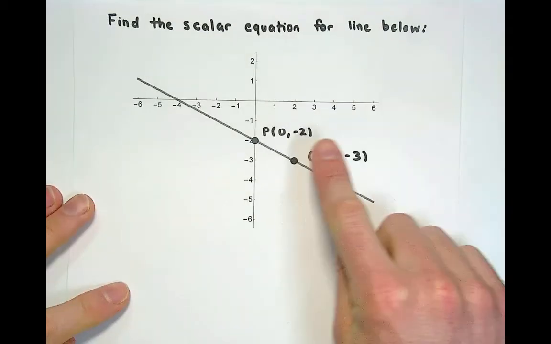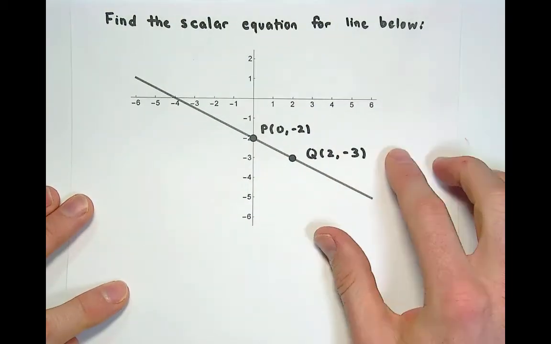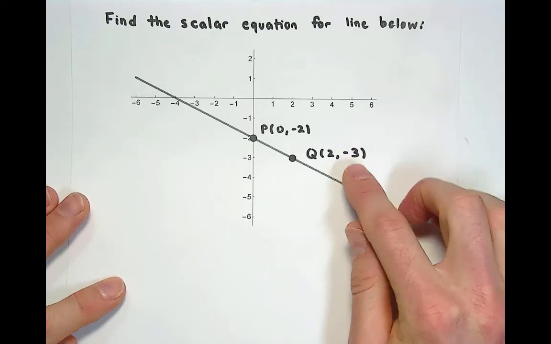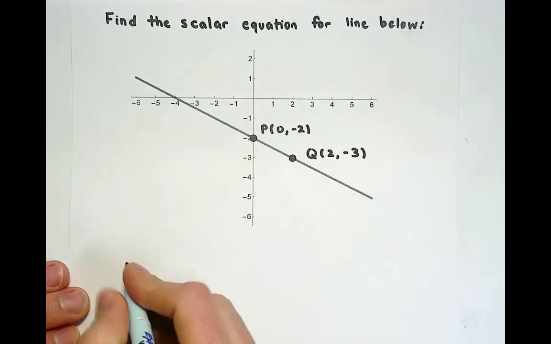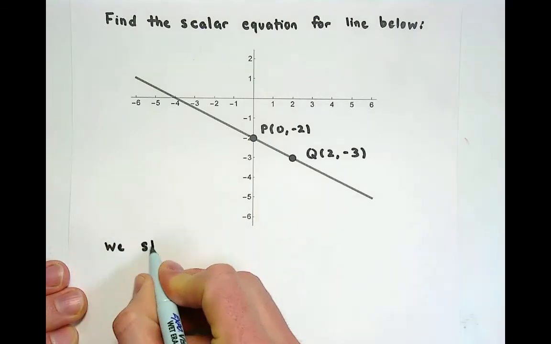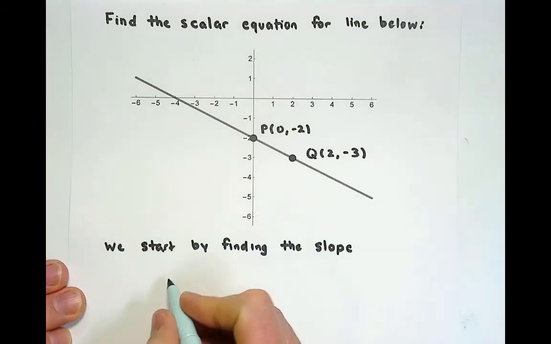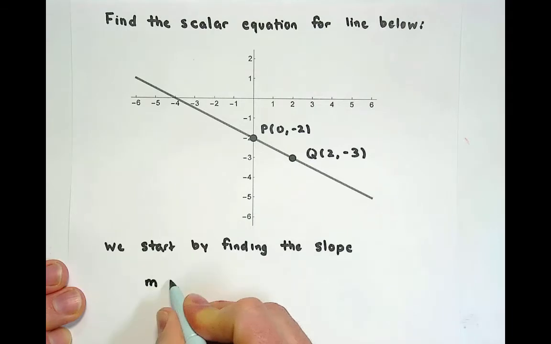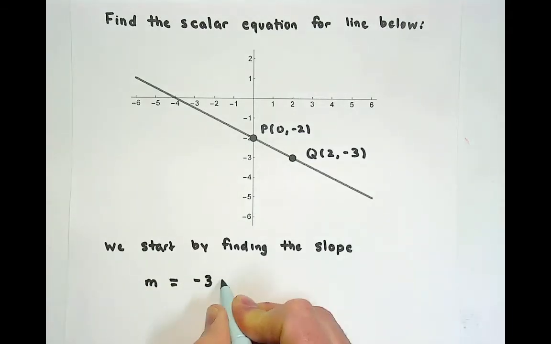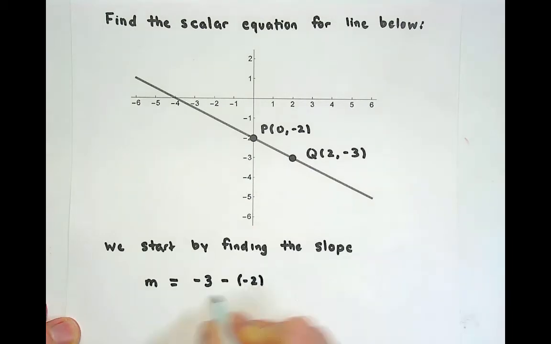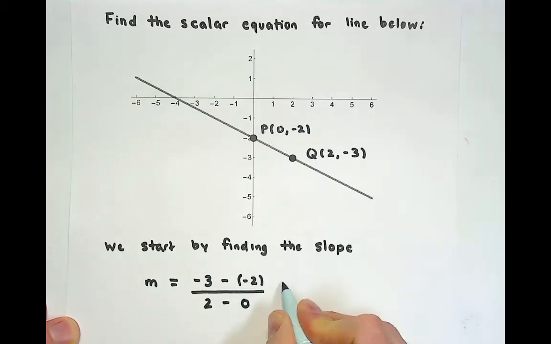So suppose that we want to find the scalar equation for the line through the points P and Q given by (0, -2) and (2, -3). We start by calculating the slope. In this case, we say that the slope, m, would be -3 minus -2 divided by 2 minus 0, which of course is -1/2.